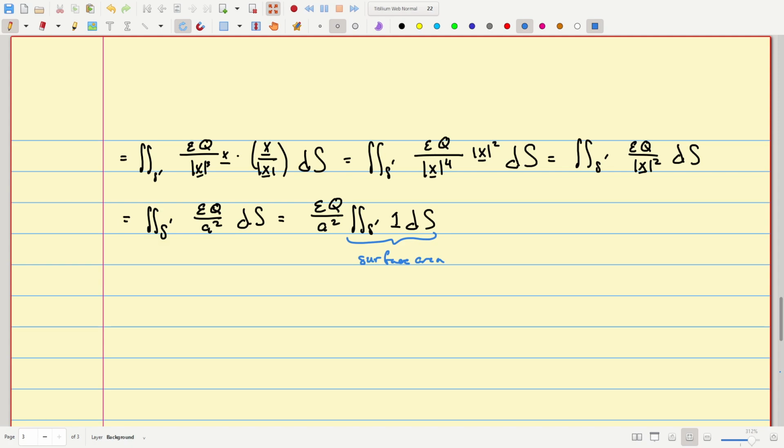What's the area of the surface of a sphere? I will let you know, now that you're Calc 3 students, so we've gotten to this point in the semester, this is one of the ones that you need to memorize. 4 pi r squared is the area of a sphere, the surface area of a sphere.